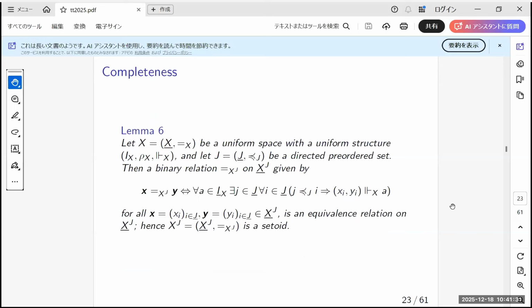If bold X and bold Y are nets, then this relation is an equivalence relation. And we can have a setoid.